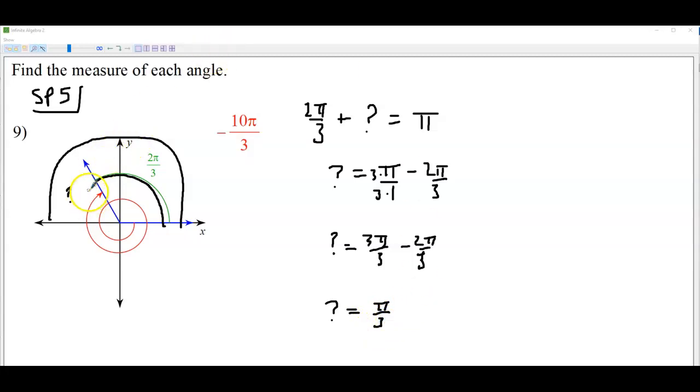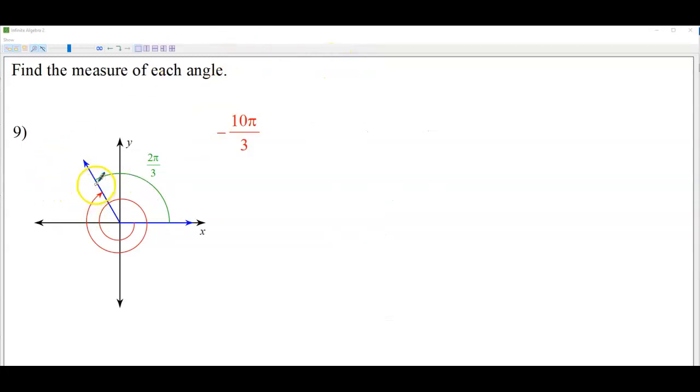All right, so over here, we know now this missing piece, from here to here, is pi over 3. So I'll go ahead and mark that somehow. Let's make it pink. We'll call that pi over 3.